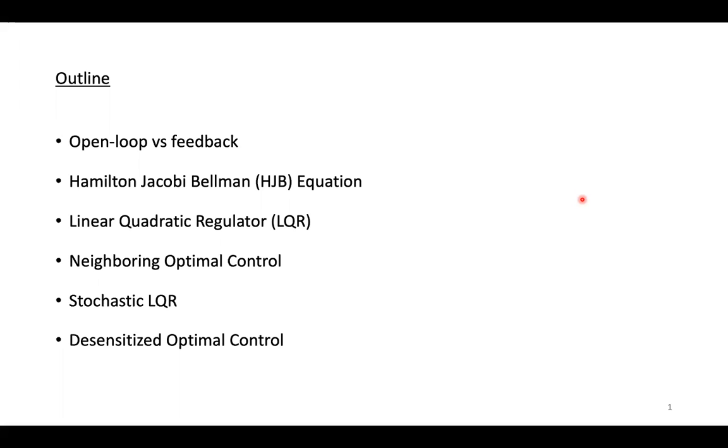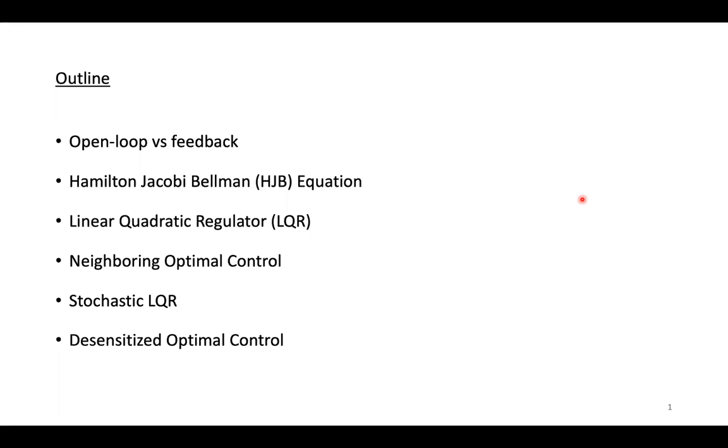Finally, I wanted to have some sort of balance between fundamentals and more recent research that I'm also interested in, which is called desensitized optimal control. I'll be discussing that at the final leg of this presentation. It deals with planning under parametric uncertainties. So this is a quick outline.